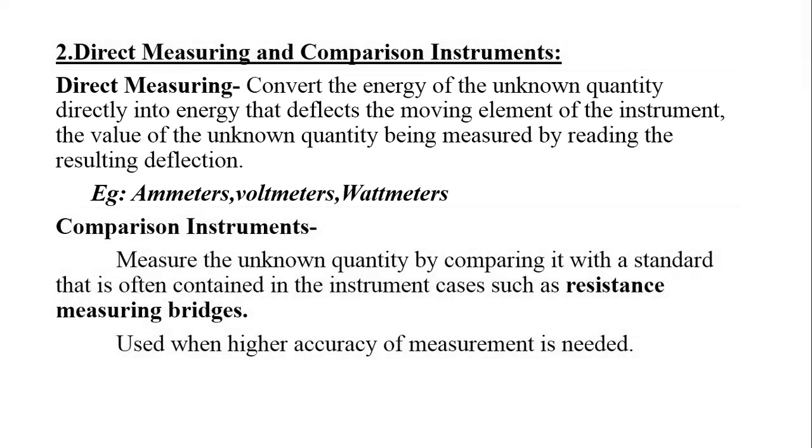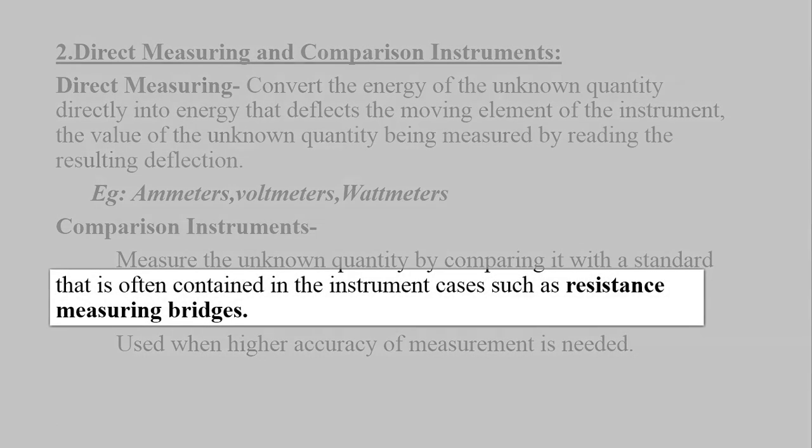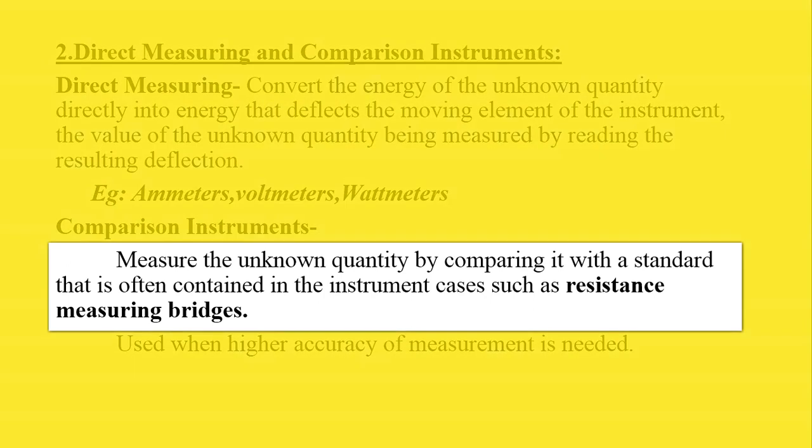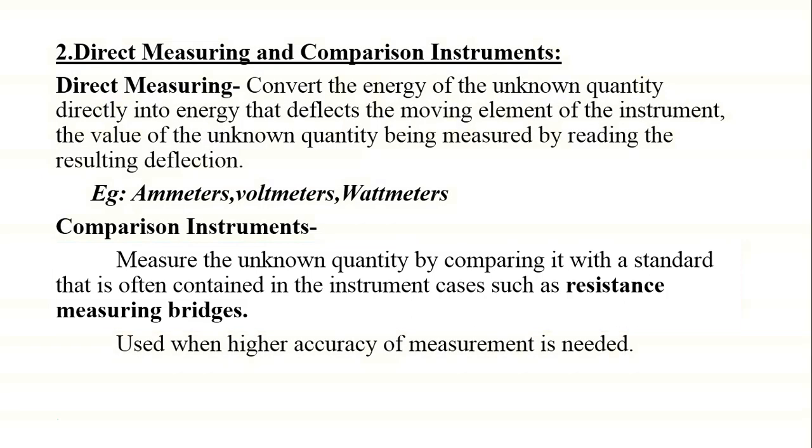An example of this type of instrument is resistance measuring bridges. As you know, in bridges, the unknown quantity is compared with the standard, and from that comparison you get the value of the unknown quantity.